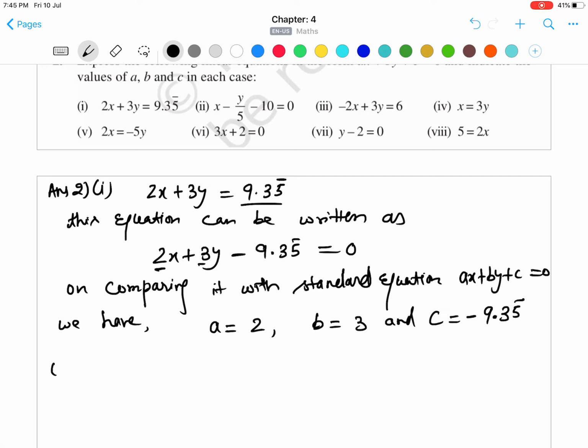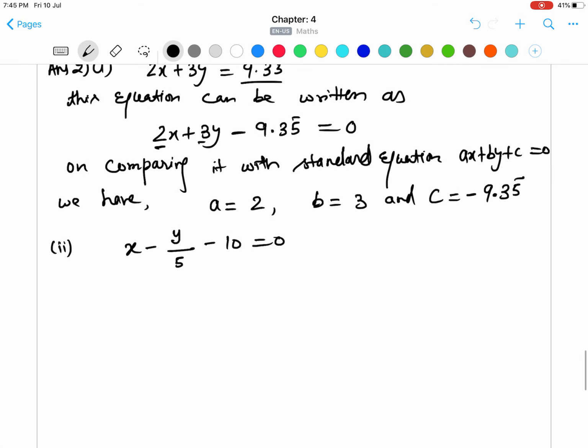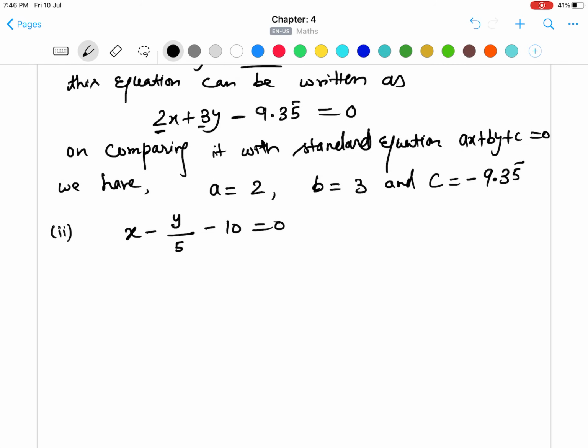Now coming to the next part, we have part second. We have x - y/5 - 10 = 0. Let me write it again: y divided by 5. So also we'll write the same statement.